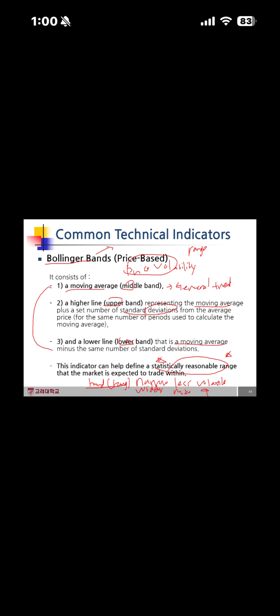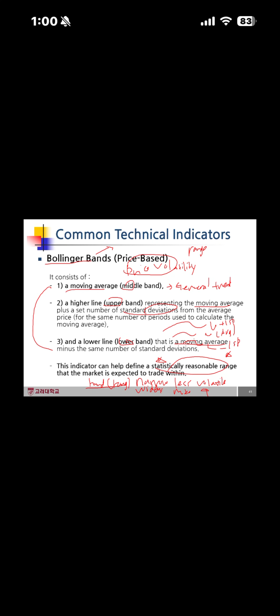When price moves near the upper or lower boundaries, analysts begin to consider whether the market may be overextended. So there is a middle band, an upper band, and a lower band. The middle is the moving average, and the upper and lower bands are the addition or subtraction of the standard deviation, say plus 1 standard deviation and minus 1 standard deviation.